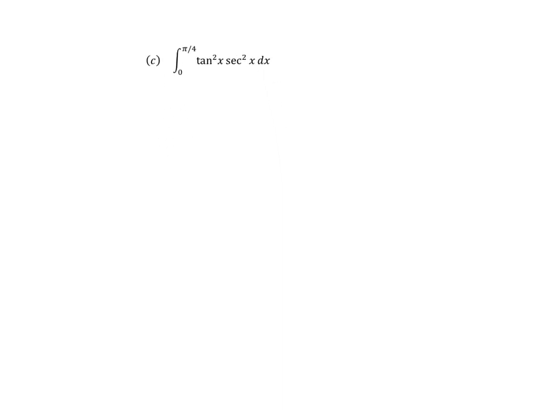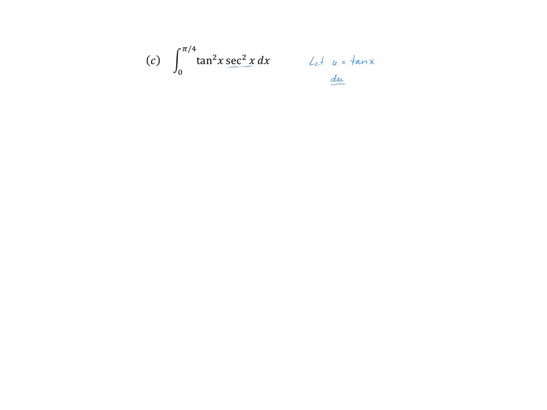Okay, again, I have this product of trig functions. I don't know how to integrate that. What I do notice is the derivative of tangent is secant squared. So I'm going to choose my u to be not tangent squared, just tangent.